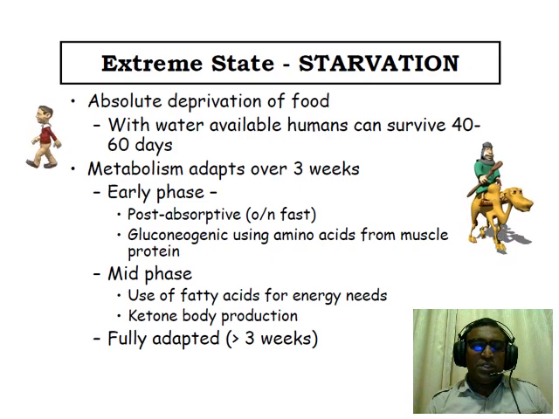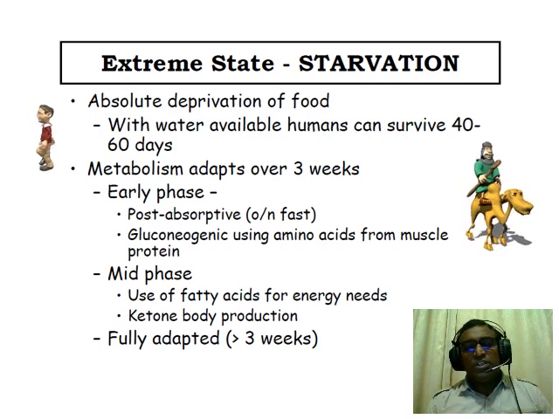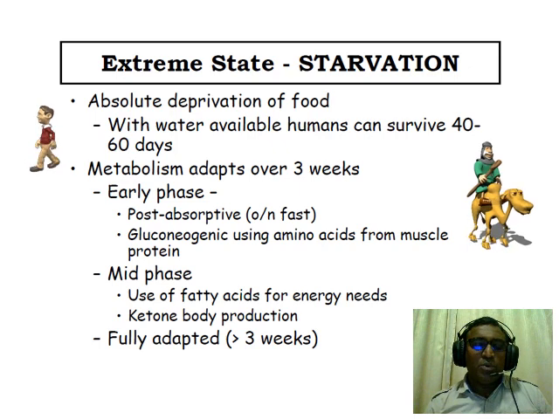This ketogenesis you don't get to learn in this course, but ketogenesis can create three ketone bodies: beta-hydroxybutyrate, acetoacetate, and also acetone. Acetone, of course, just comes out of your lung. It cannot be used, but the two other ketone bodies can be utilized for energy production.